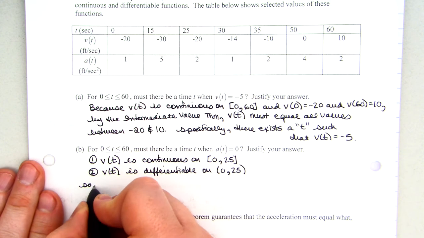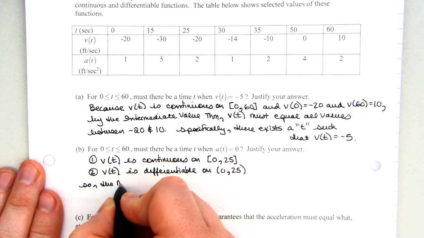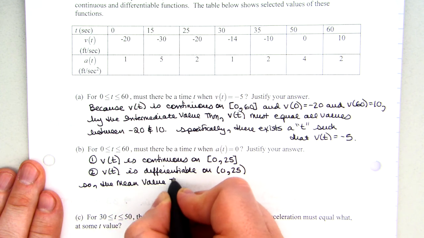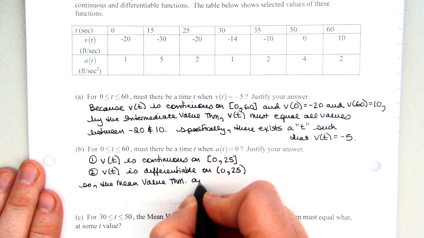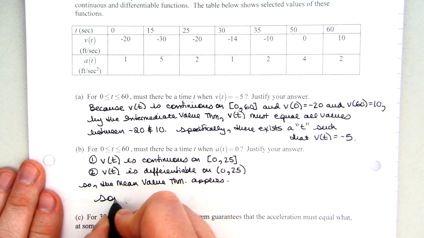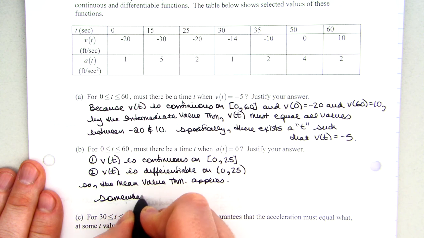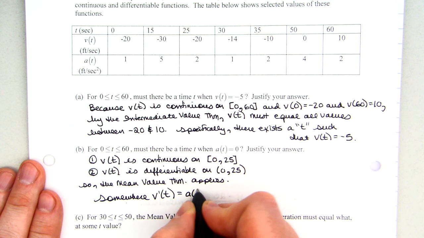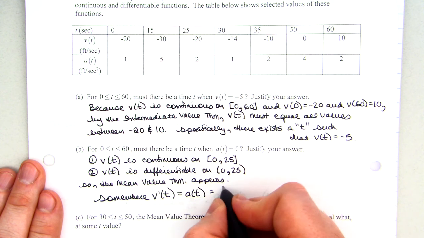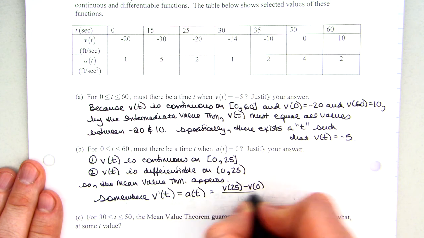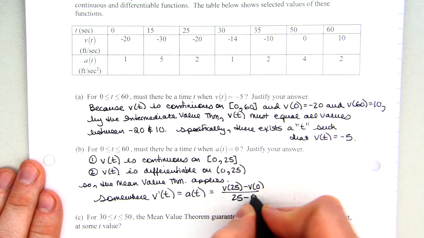Therefore, the mean value theorem applies. Which means that somewhere v prime of t, or a of t, has got to equal whatever v of 25 minus v of 0 over 25 minus 0 gives us.